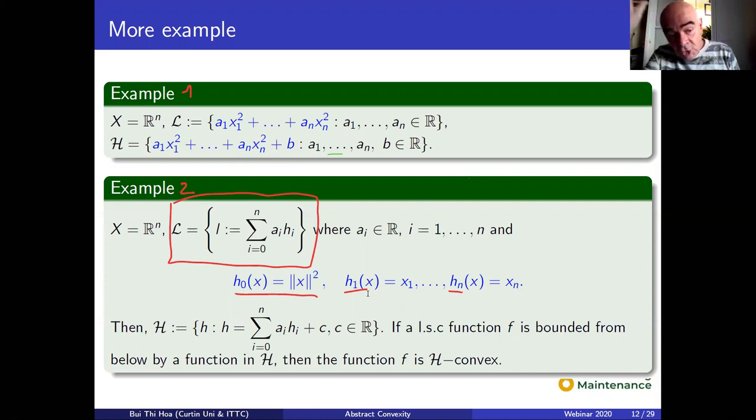This example was studied long ago, more than 40 years ago, by two people. I don't remember who was first. One was Balder from the Netherlands, and the other was Dolecki from Poland, who is now in France. They published two papers in which they included these examples. In fact, bounded from below is a sufficient condition, but a necessary and sufficient condition, if I remember well, is for the function to be bounded from below by a quadratic function.